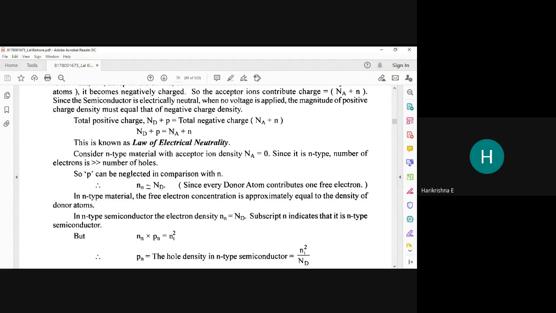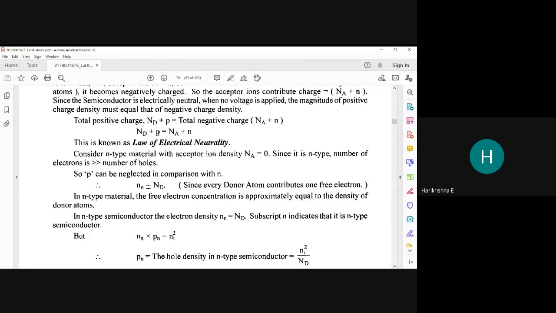Nd is the number of donor atoms, that is positively charged donor. Donor is positively charged because it is donating one free electron.